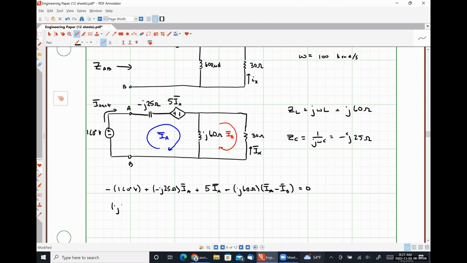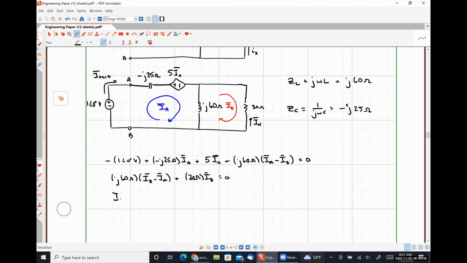Then I'd have j60 ohms times (IB minus IA) plus 30 ohms times IB is equal to 0.